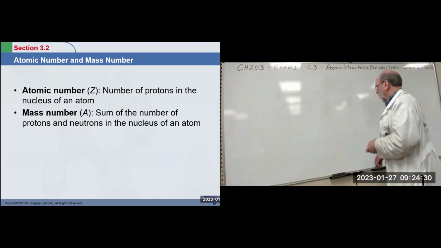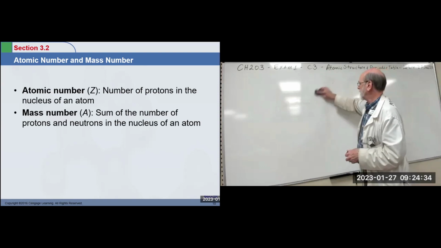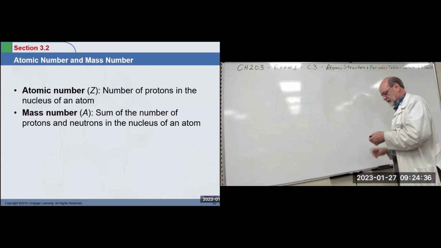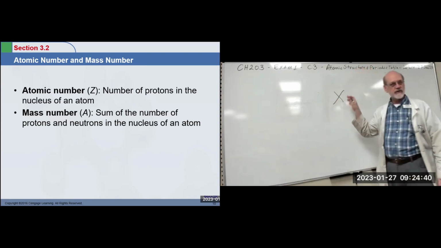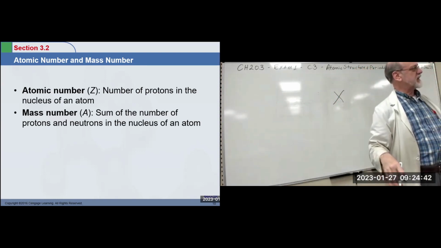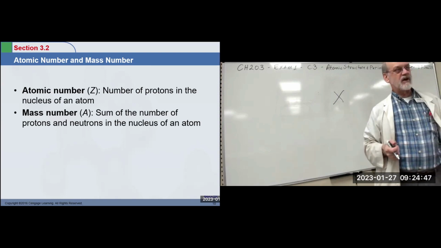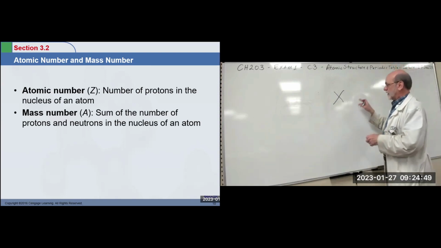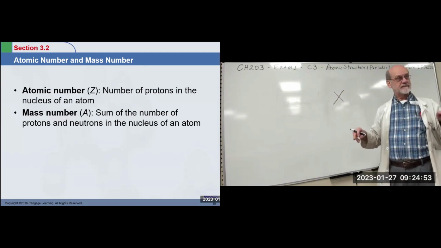Okay, when we write a chemical symbol for an element, I'm going to use a generic one for this purpose. Just say we have the chemical symbol there, and I can use X because there's nothing on the periodic table, it's just X. There's an Xe, or xenon, and there are 4 positions around that symbol that are reserved for information.